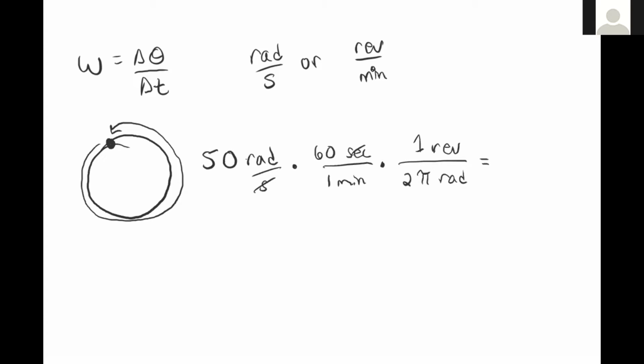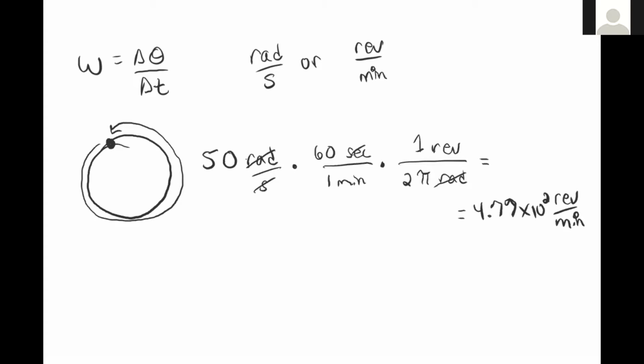So my units of radians cancel here. And so if I take 50 times 60 and divide it by 2 pi, that will give me my angular velocity in terms of revolutions per minute. Then this answer would be 4.77 times 10 to the 2 revolutions per minute.